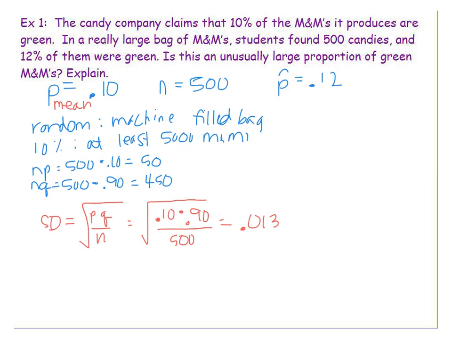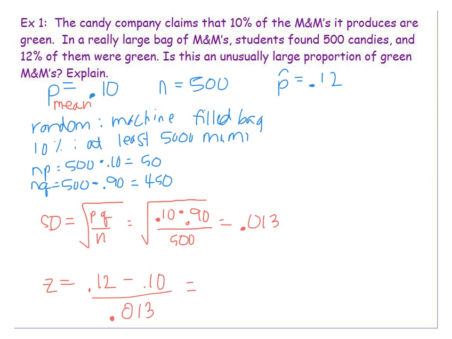So now what we're able to do is find our z-score. Our z-score is going to be found by taking our x value. Well, it's not really an x value anymore because these are means, but because there was 12% in the sample, 0.12 is your x value minus your mean, which was 0.10, divided by your standard deviation, which is 0.013.